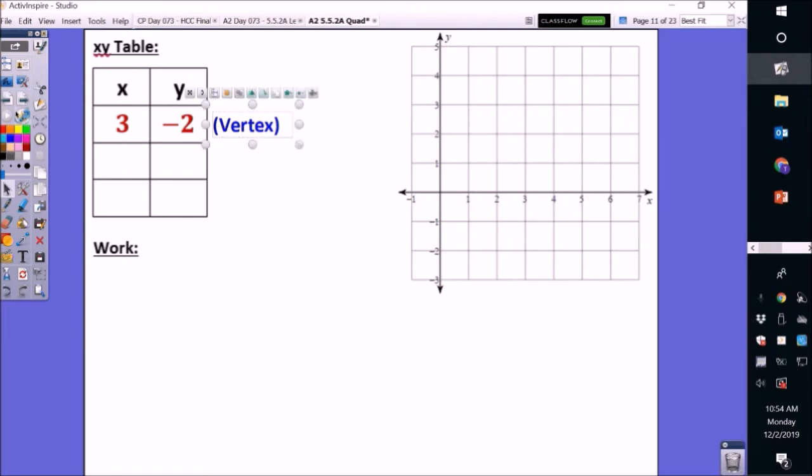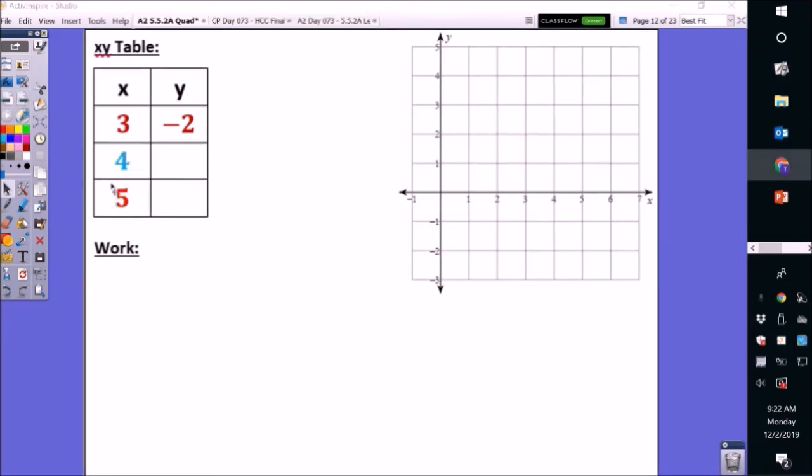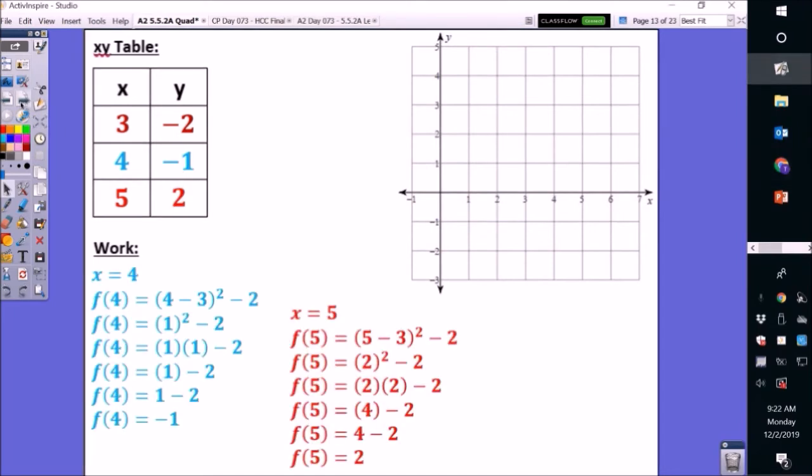Once you identify the x values, what we're going to do is the same process as in the previous graphing example, which is plug these x values into the function to determine our y values so that we can make our second coordinate point and our third coordinate point. And I'm going to show you the work next.